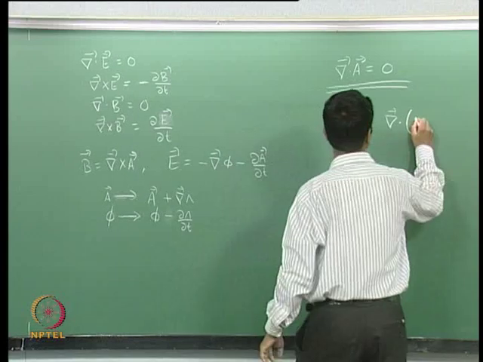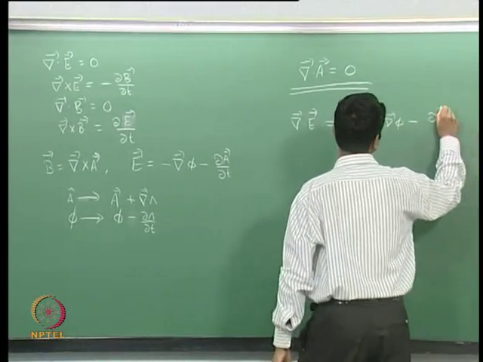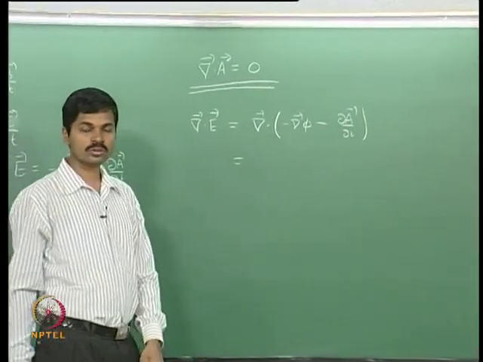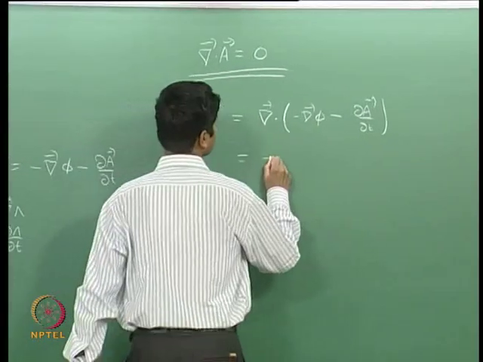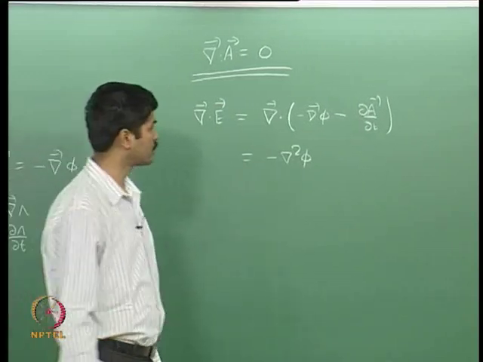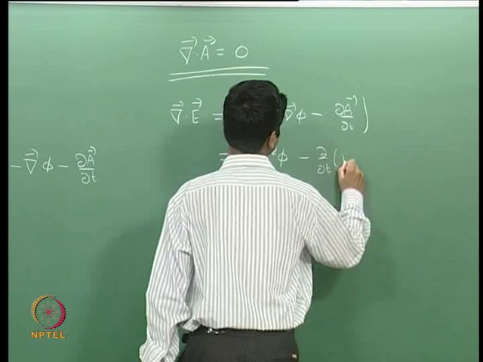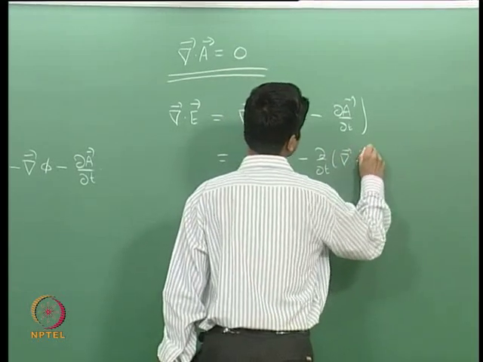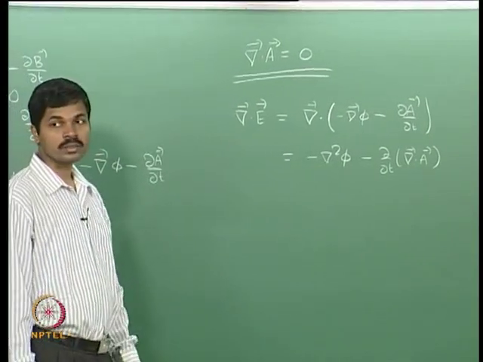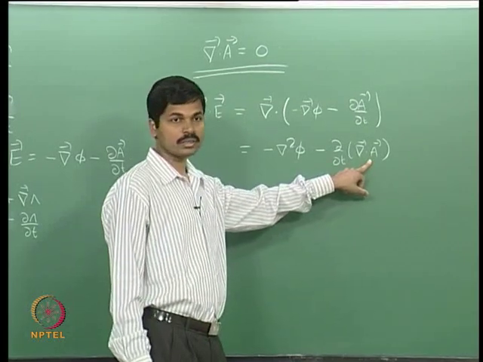E is minus grad phi minus del A over del t. So, this is nothing but minus del square phi minus del over del t del dot A. So, in the gauge del dot A equal to 0, this quantity here vanishes.